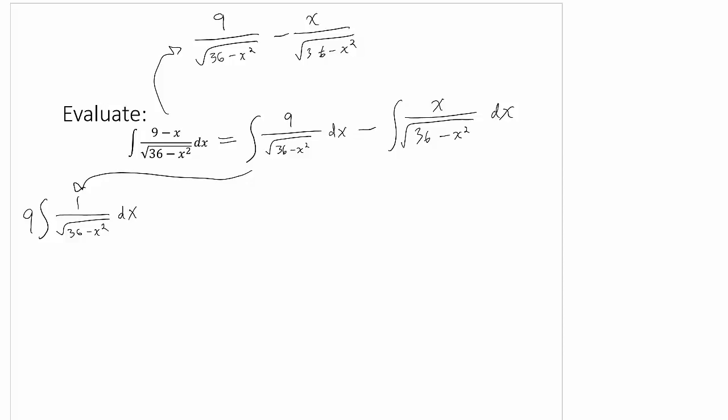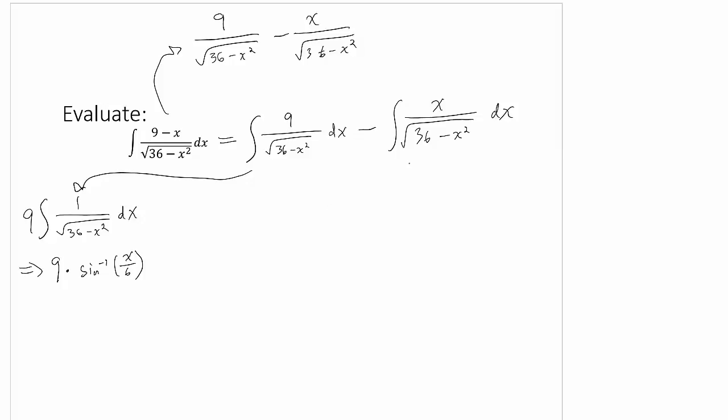And if you remember what I showed on the previous slide, we can see that this is going to be an arc sine with a equal to 6. So this integral is 9 times the arc sine of x over 6, or 1/6 x, however you want to think of it.